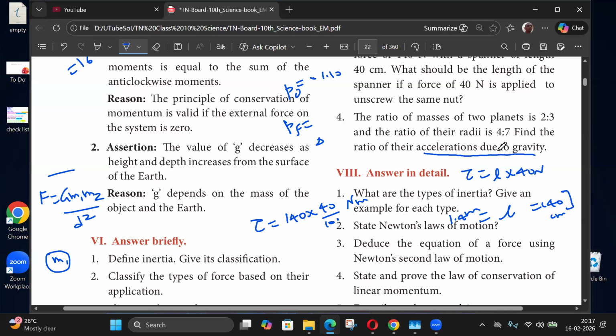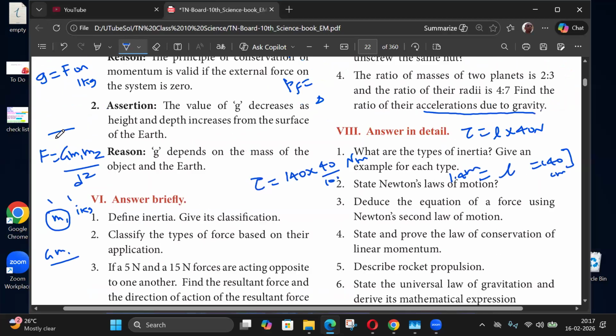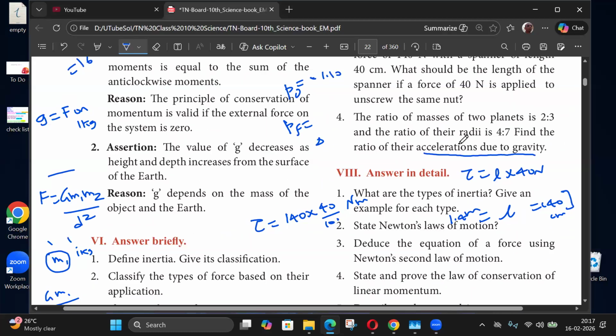G is force on unit mass, right? So if you have M1, and you put 1 kg here, the force on this one is G M1 by the distance squared.